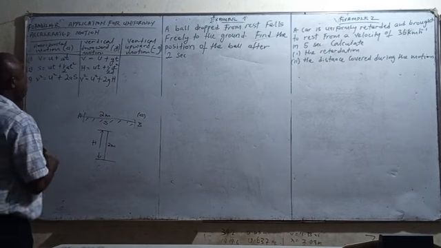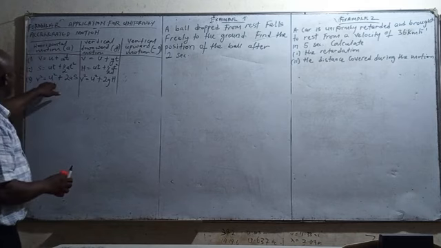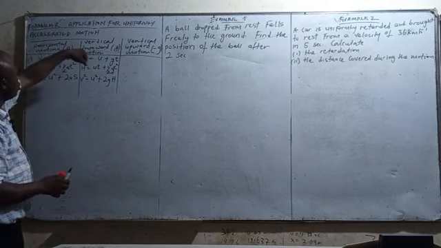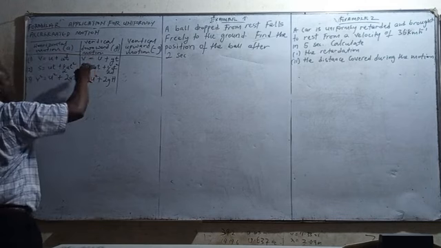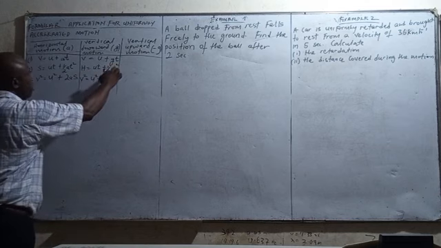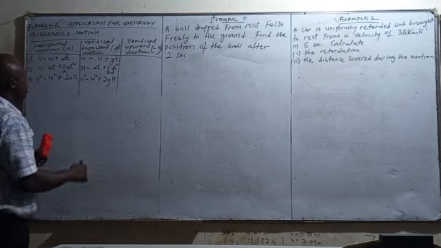So we have translated from horizontal motion influenced by acceleration a into motion under gravity for vertical downward: v equal to u plus gt, h equal to ut plus half gt squared, and v squared equal to u squared plus 2gh.